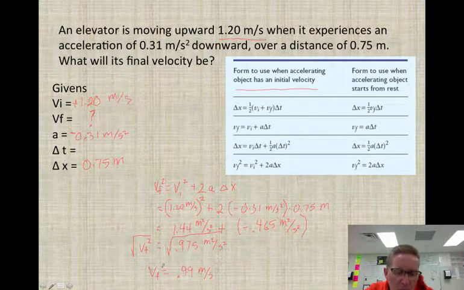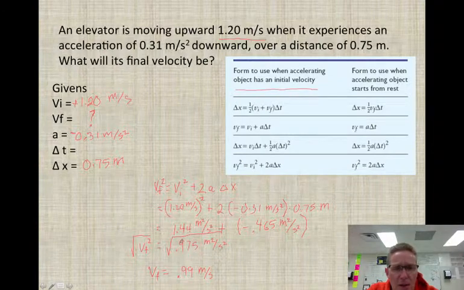Okay, so our final velocity is going to be 0.99 meters per second, and that makes sense, and that's something that should always occur: your answer should make sense. So that's a good way to look at it and say, does this fit the description of the situation? Since the acceleration is downward, it'd be like putting on the brakes possibly, or gravity itself.